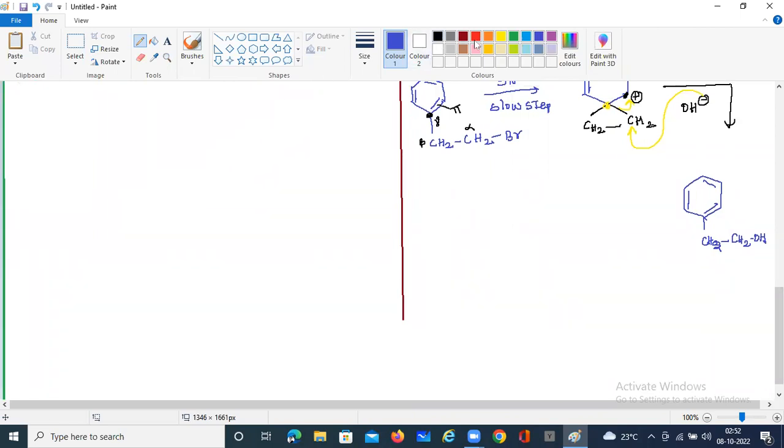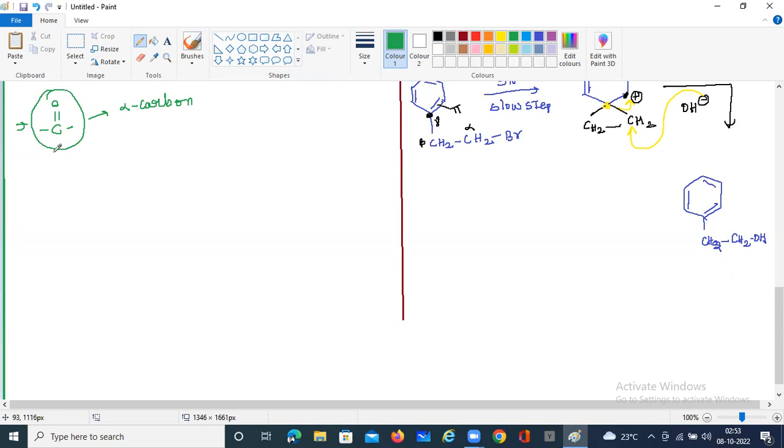So the final point is the last one. The presence of a carbonyl group, like a C double bond O group, at the alpha carbon is one of the most suitable substrates.